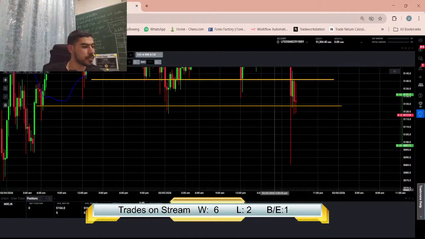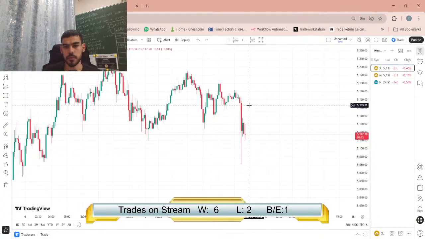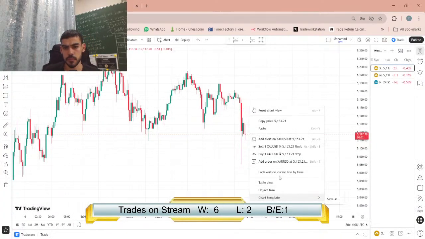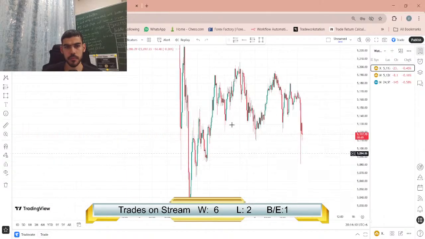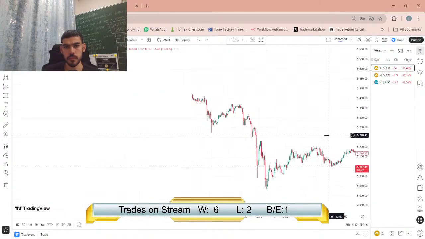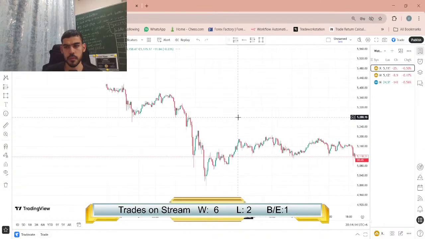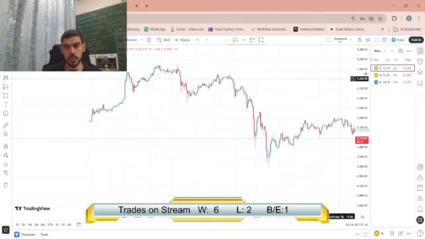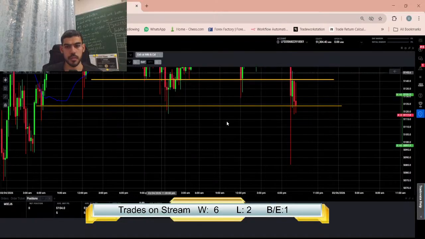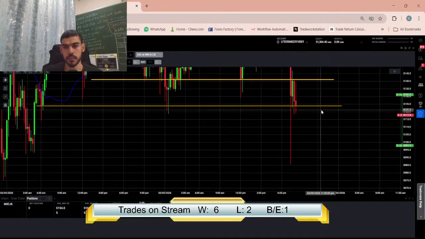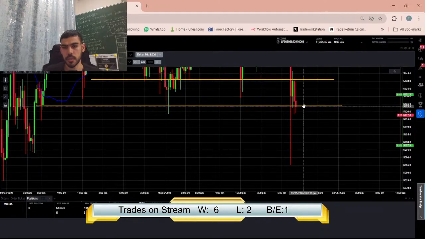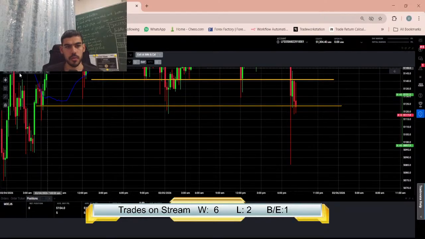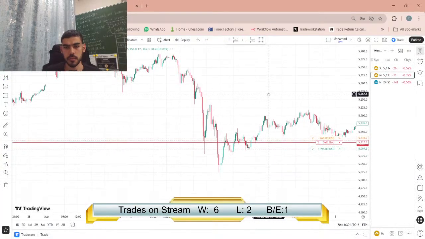Maybe it's my internet. I believe it's my internet. Yeah, it's definitely my internet, guys. Let's see, can this candle break below, or is it going to close like that?